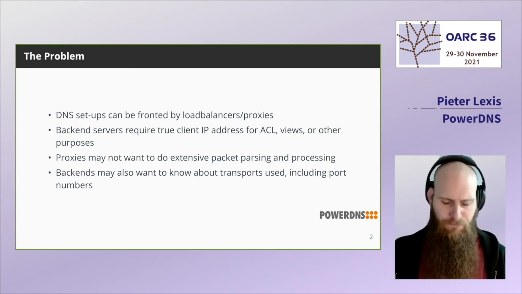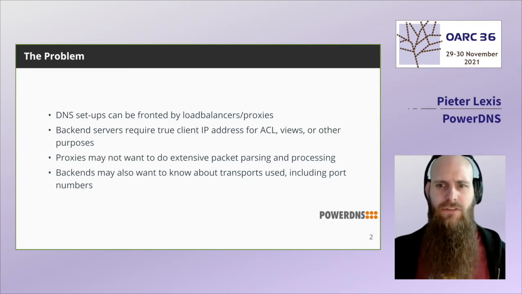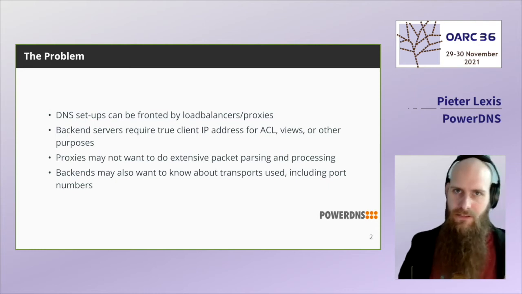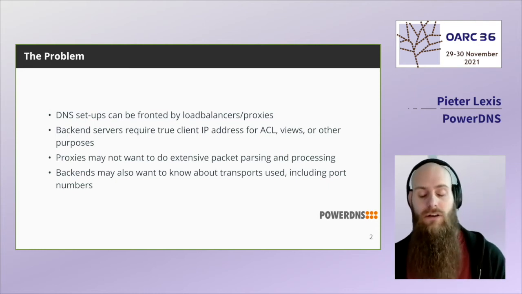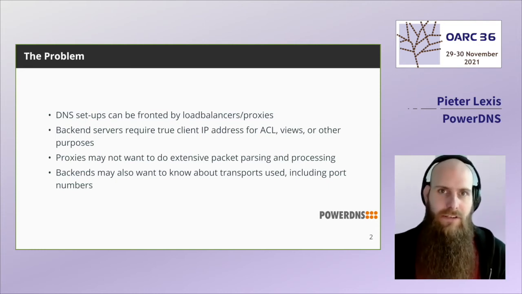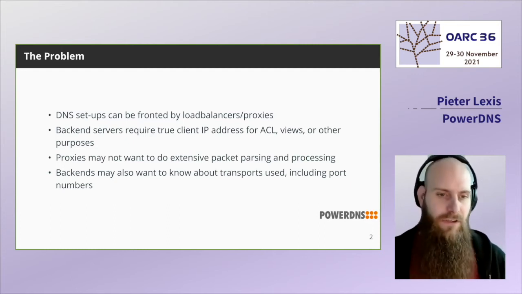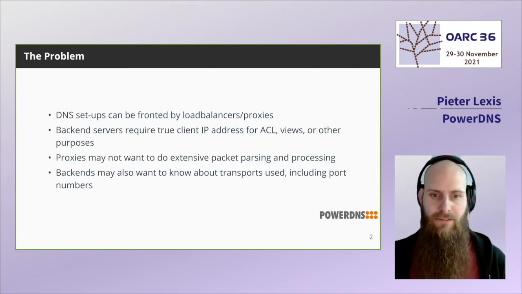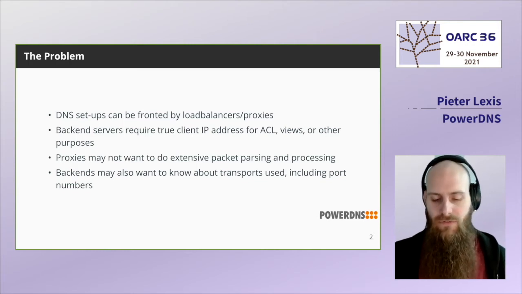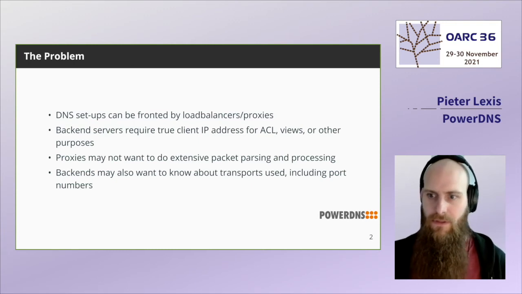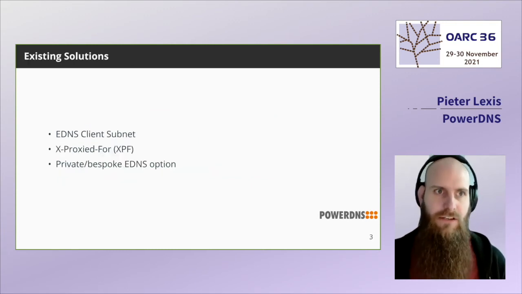Many proxies don't want to do expensive parsing of DNS packets because they either can't, or it is very CPU intensive to parse the packet in your load balancer and then again on the other side. A backend might also want to know about the transport being used, including port numbers, for instance for CGNAT purposes, or knowing that something was requested over a secure channel.